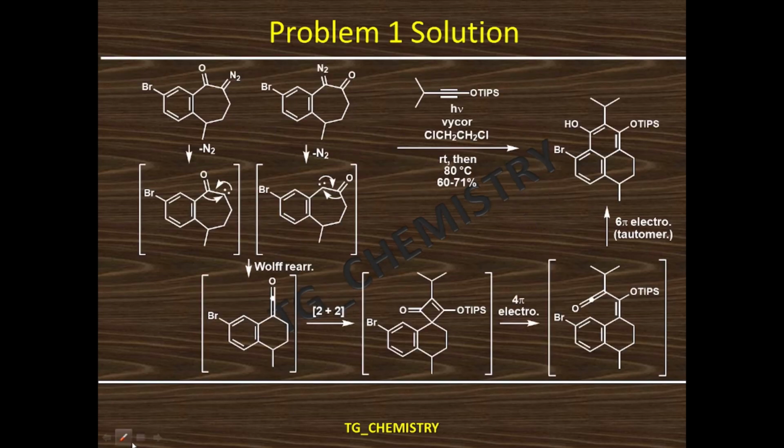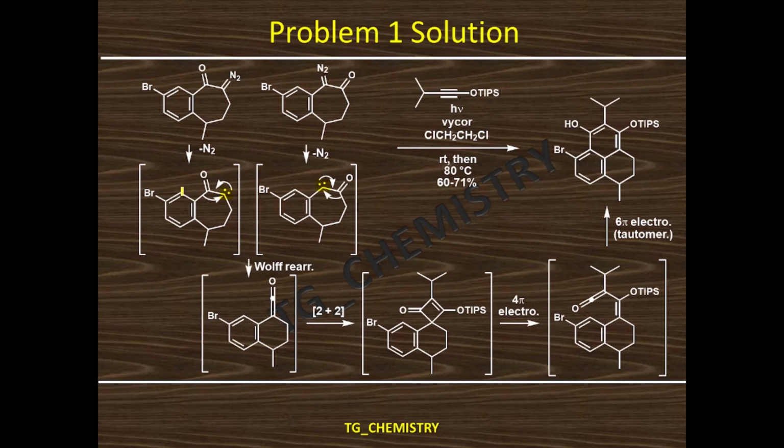First you can see here that the benzo-fused diazoketone, upon elimination of the nitrogen molecule, will eventually form the carbene. This is the very traditional reaction of diazoketones. They are very important, as they easily eliminate the nitrogen molecule, eventually yielding the carbene.